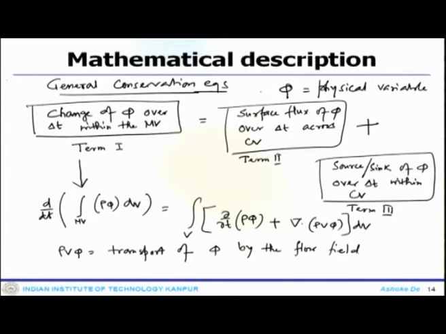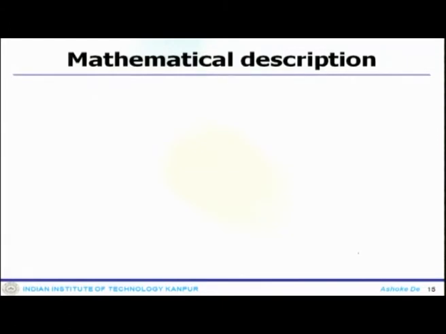Okay. So essentially this is my convection flux. So I will designate that one convection equals rho V phi.